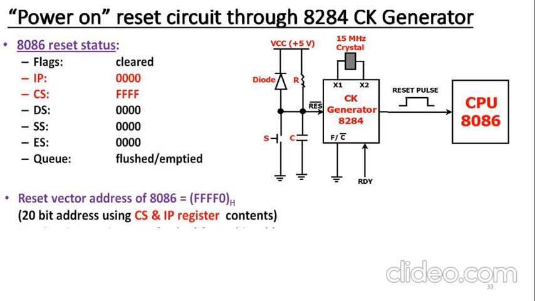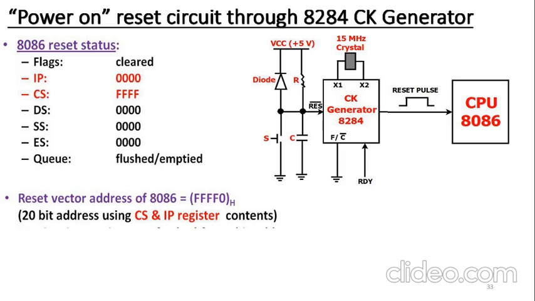It means that the width of that reset pulse entirely depends on the RC time constant of that power on reset circuit. The larger the R and C, the more time taken by the capacitor to get charged to VCC, and the broader the corresponding reset pulse.